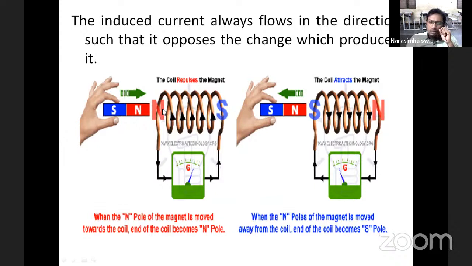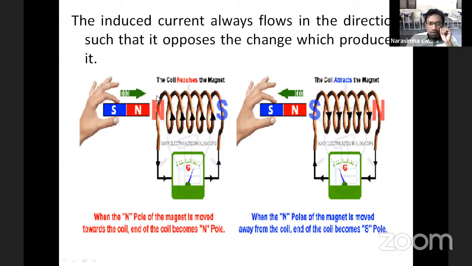Left side is the north pole and right side is the south pole if the current or EMF is moving in anti-clockwise direction. If the EMF is moving in anti-clockwise direction, then the left side will be north and the right side will be south in the coil.